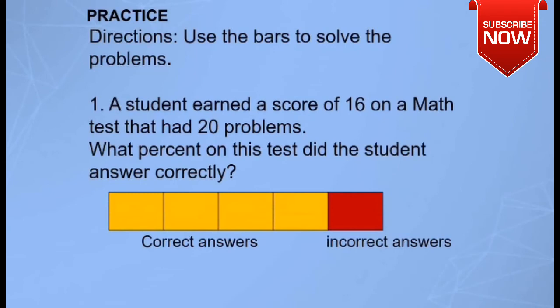Time for you to solve. Bring out your paper and pen. Practice directions. Use the bars to solve the problems. Keep practicing directions. Solve the following problems.